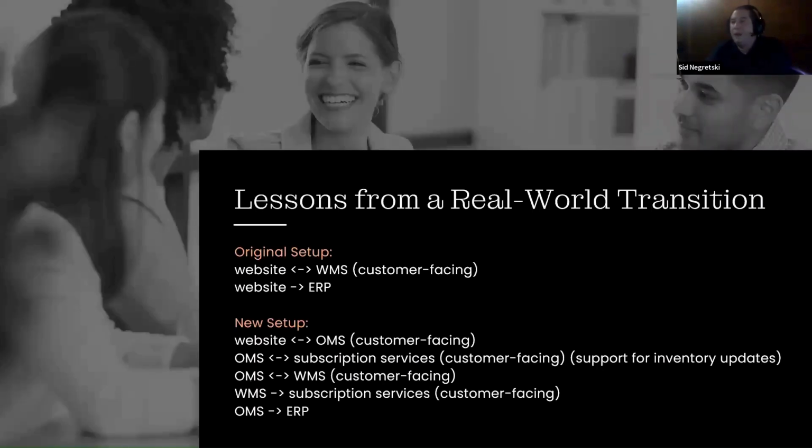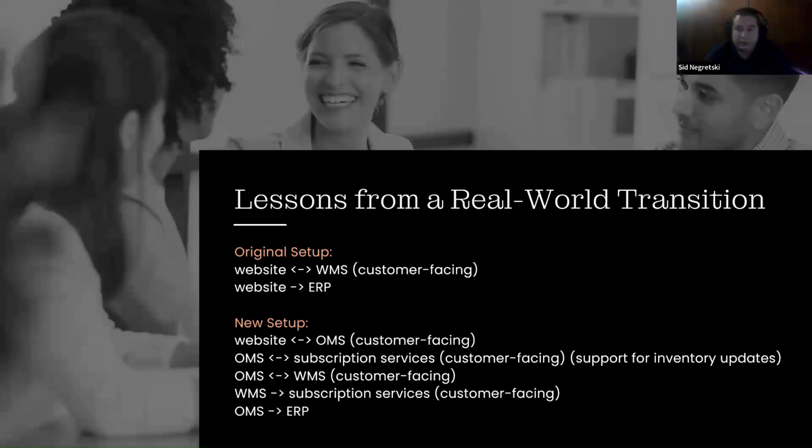Sweet. So the next one is a larger conversation on its own, like I said, but these are real-world examples. There's been this company that migrated from Magento over to Salesforce.